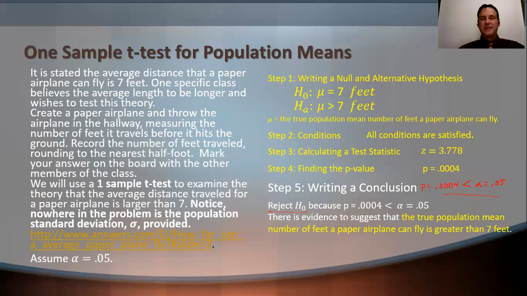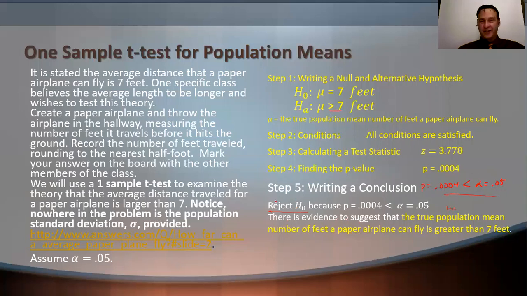It means there is evidence to suggest that, and then remember that we write the HA, okay? And the HA says that the true population average or mean number of feet that a paper airplane can fly is, and then we'll look at this part, greater than 7 feet, okay? So again, whenever you reject something, you go right off to say there is evidence to suggest.